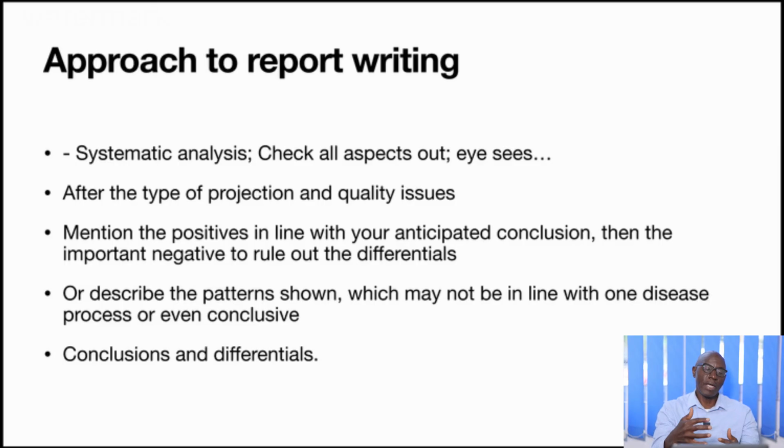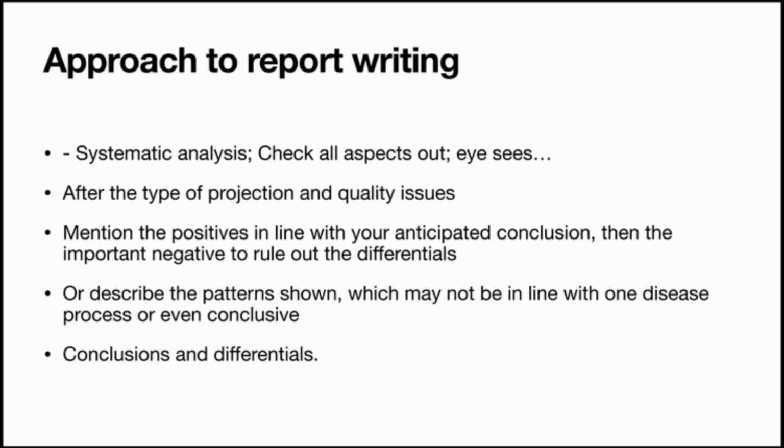Now, when we come to write the report, we mention the positives that are there for that condition and the negatives, to rule out the differentials. And of course, if you are not sure of the differentials, then you describe what you see and you leave it there. And whoever reads your report may be able to work it out.